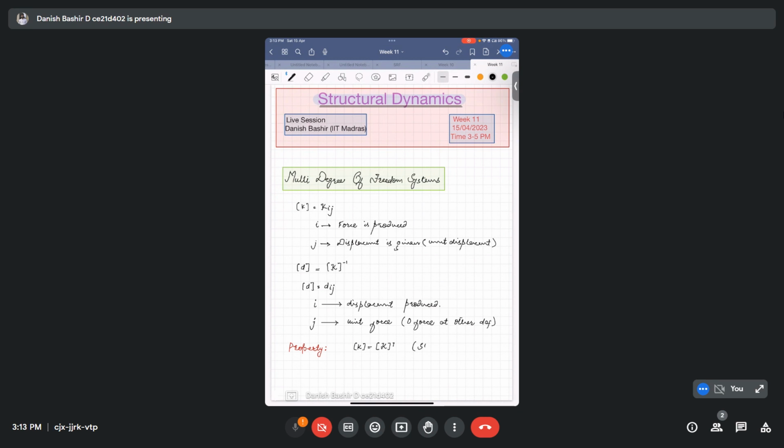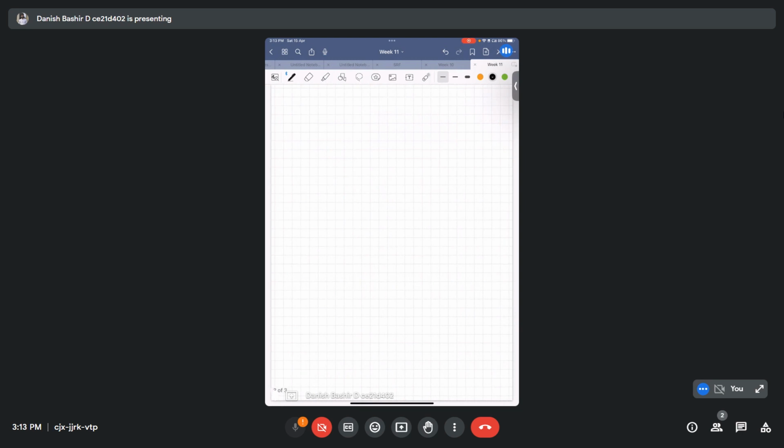The stiffness matrix is symmetric in nature. So let's try to figure out how mathematically we can formulate it to show that K is equal to K transpose. Let's see how we can do that.